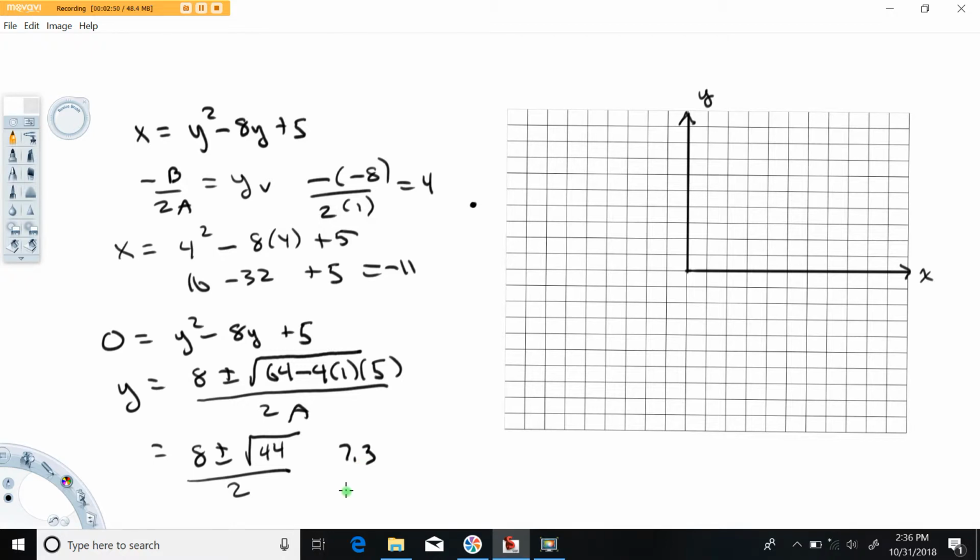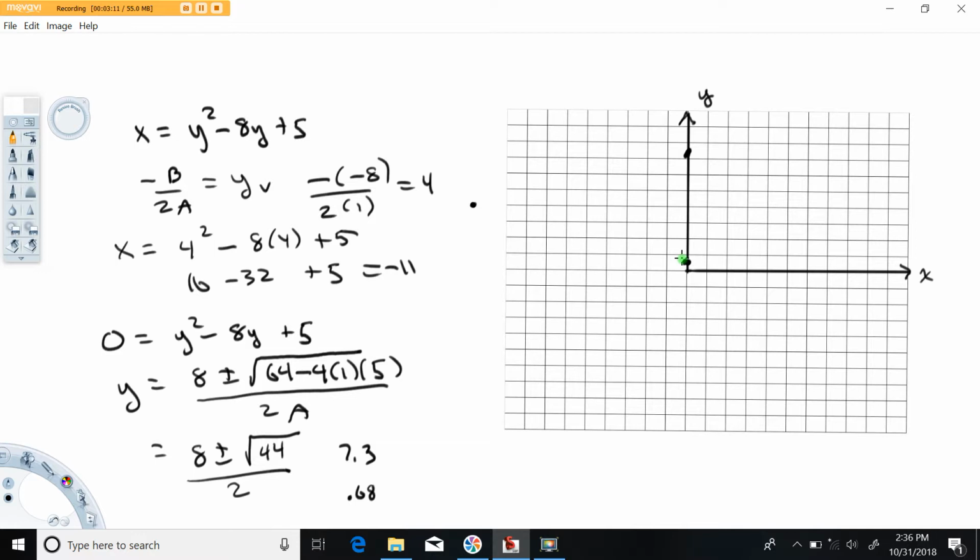All right, so one of the intercepts is at the point 0, 7.3, so 1, 2, 3, 4, 5, 6, 7.3. The other one is at 0.68. That's about maybe here. All right, and that's pretty much enough to plot this thing.